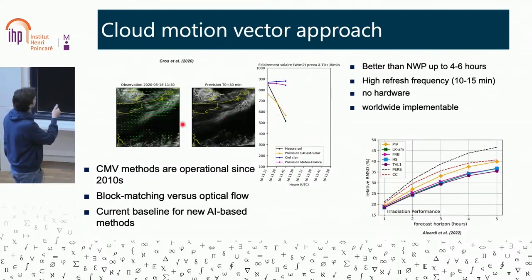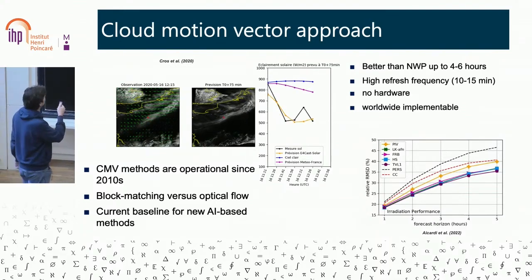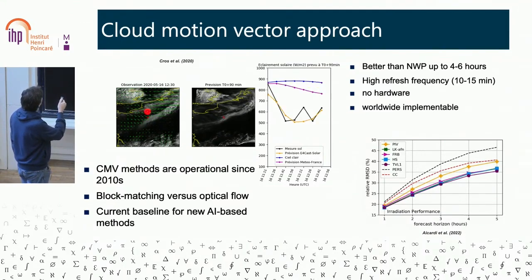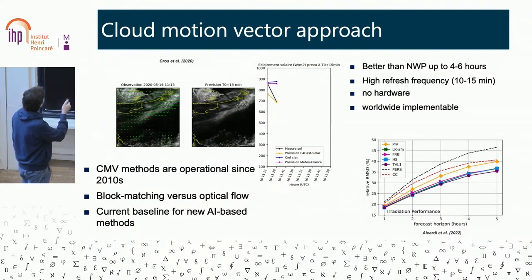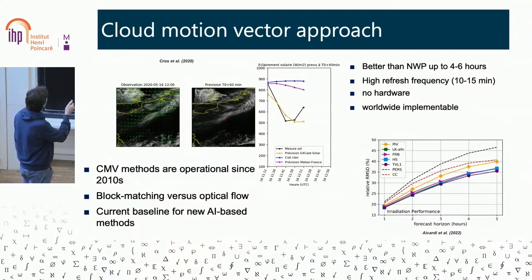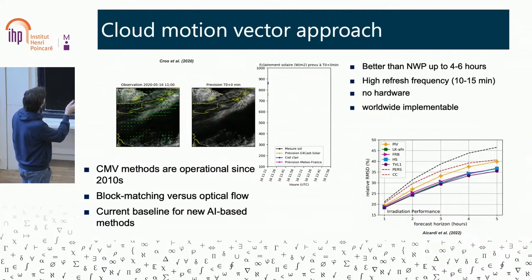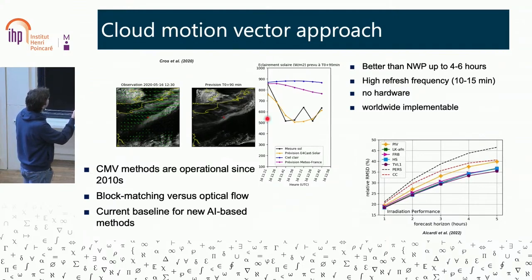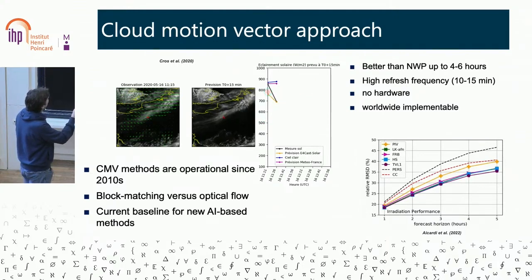In this example, this is a very favorable example. We can see this cloud coming from Normandy above Paris. This was the observation, and the forecast from 11 gives us this time series, which is very realistic at the beginning, and then the shape is a little bit different. In terms of results for this time, the red curve is NWP, Météo France.